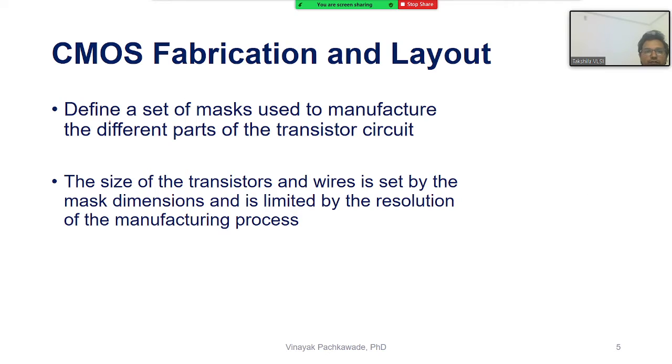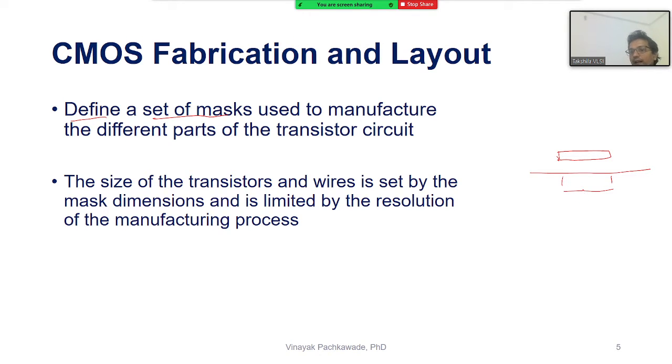So for the CMOS fabrication and the layout, we define a set of masks. I have already told you what a mask is. A mask is basically a layer indicated by rectangles. That layer tells us the area on the substrate in which that particular region will be fabricated.